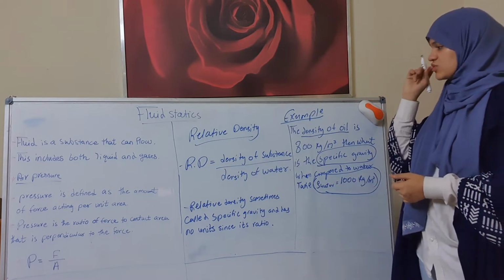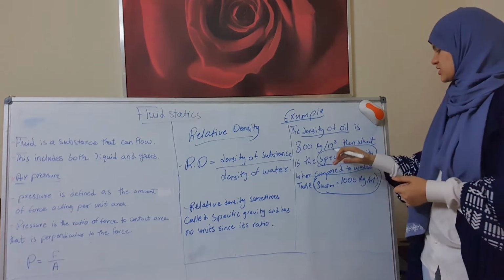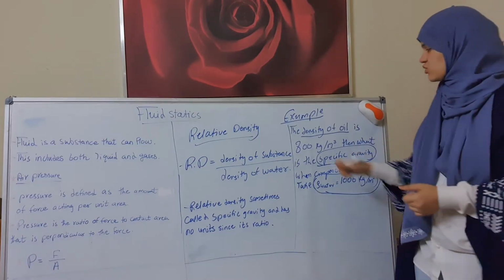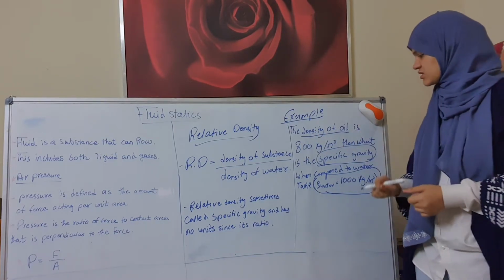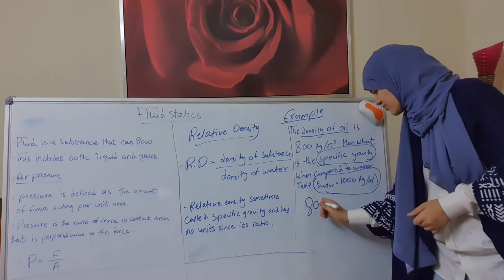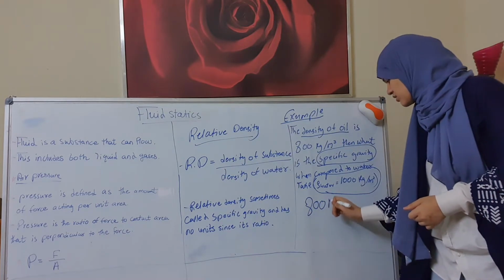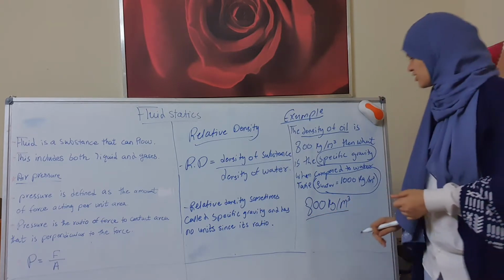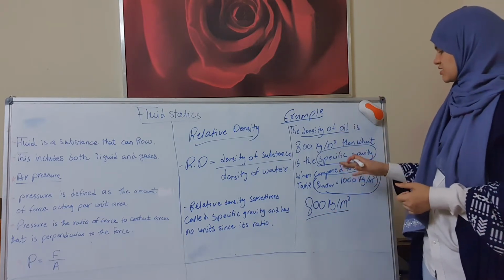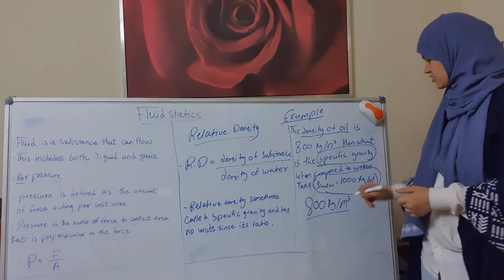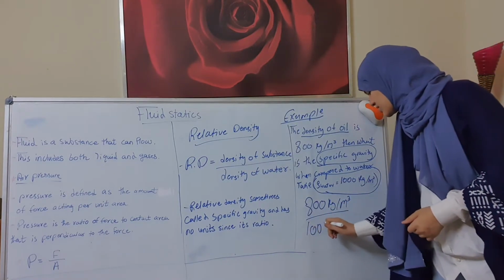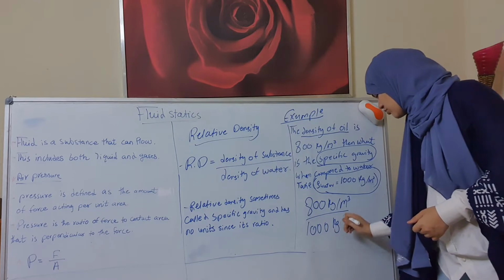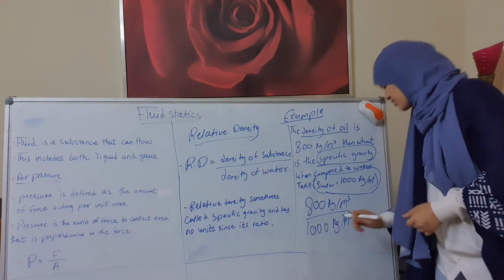So now relative density, that is the specific gravity, is equal to the density of the substance, which is 800 kilogram over meter cube, over the density of water, 1000 kilogram over meter cube.